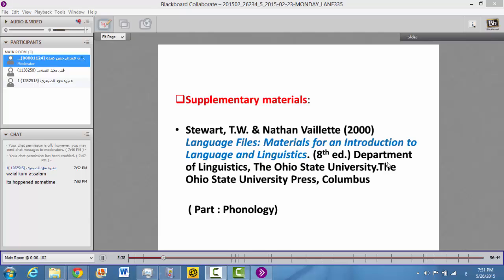Note that the specification minus high and minus low characterizes mid vowels such as eh and o. These two sounds, o and eh, are neither high nor low because they are actually mid vowels. Again, look at the two charts here given in 7.11. We have one for the feature high and one for the feature low, and all the vowels are specified accordingly with the plus and the minus values.